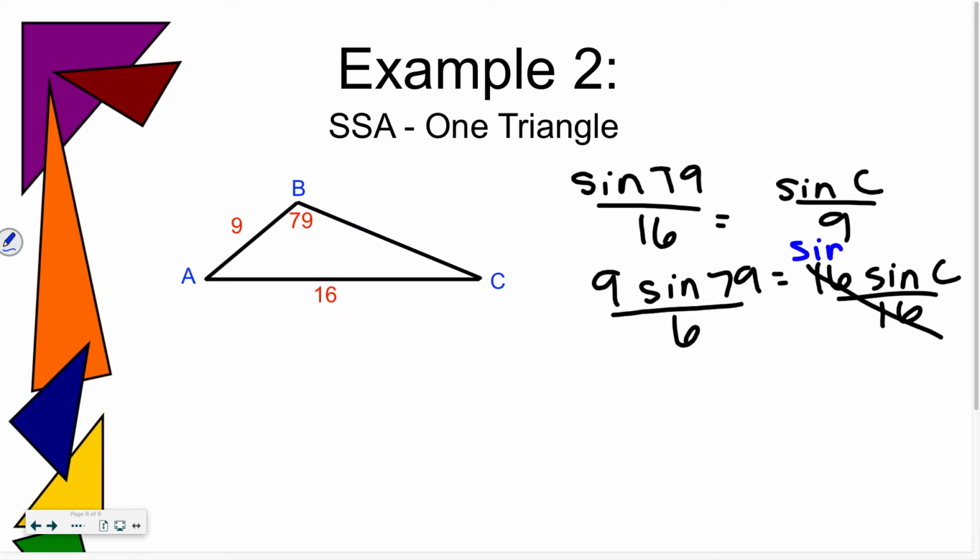So essentially we're going to inverse sine both sides and solve for C. You would type inverse sine, and then 9 sine 79, close your parentheses, divide by 16, finally close your parentheses, and you'll get an answer for the angle. Try typing that in. You will have 2 sets of parentheses in there: 9 sine 79, close, divide by 16, close.